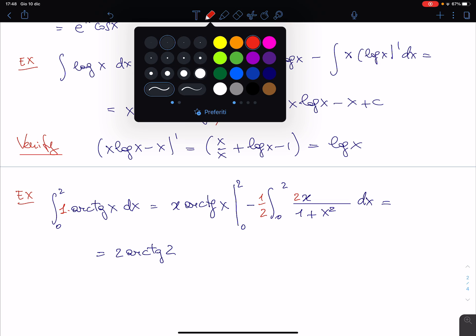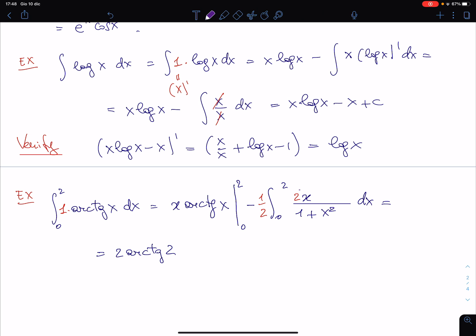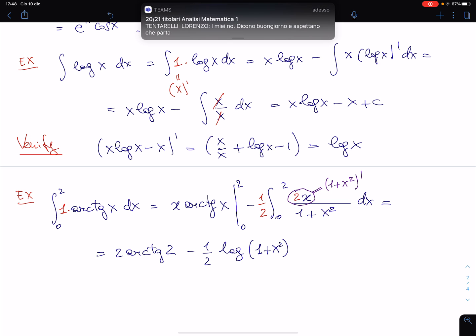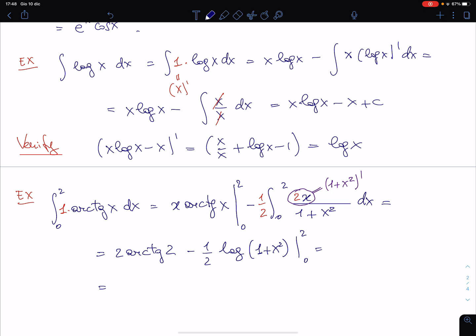Here, this 2x is just the derivative of 1 plus x squared. And so here you have 1/2 log of 1 plus x squared between 0 and 2. So you have 2 arctangent 2 minus 1/2 log of 5.